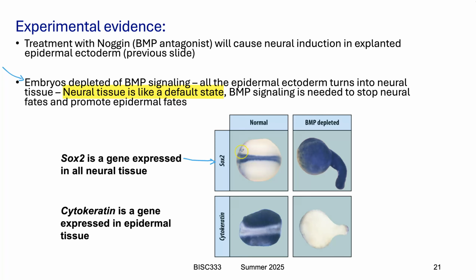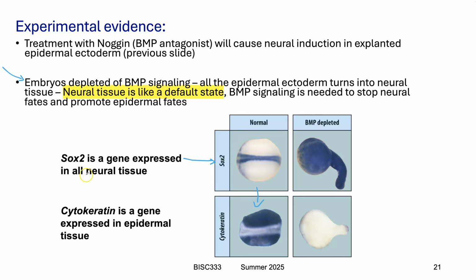So you can see under normal circumstances the developing neural tube and the neural folds and so on showing up blue, and the rest of the embryo is white. And then almost the reverse of that, all the epidermal tissue is blue, and there's a white region which is the nervous system, because the nervous system doesn't express keratin.